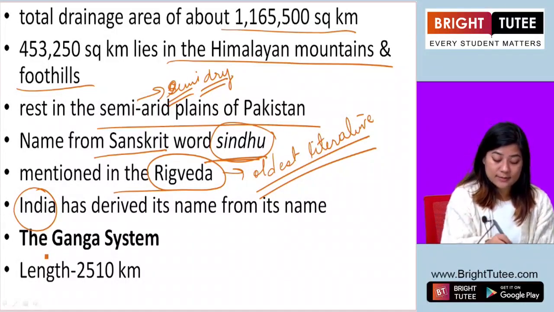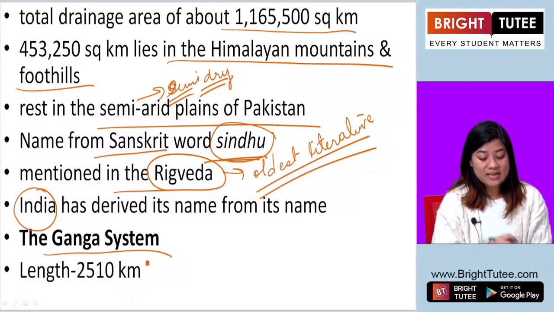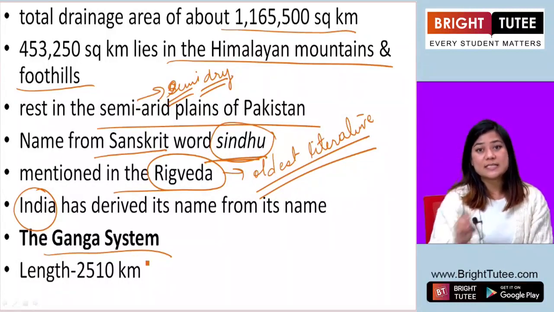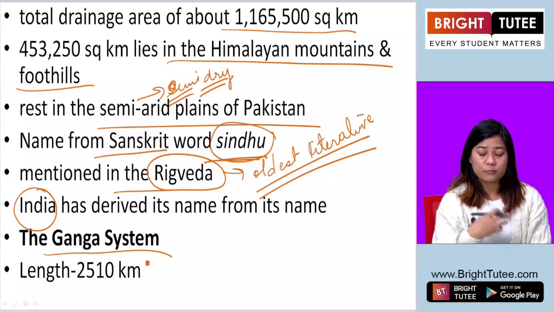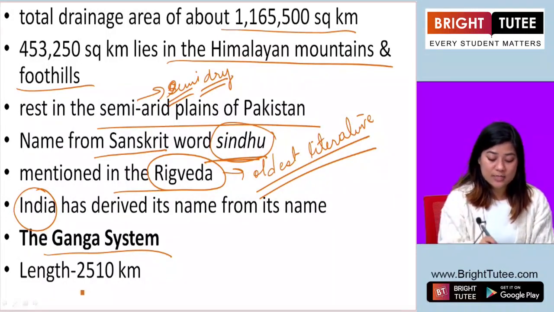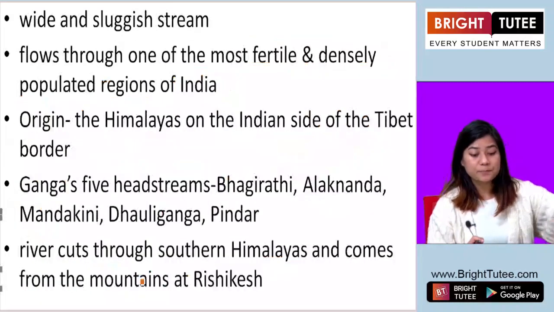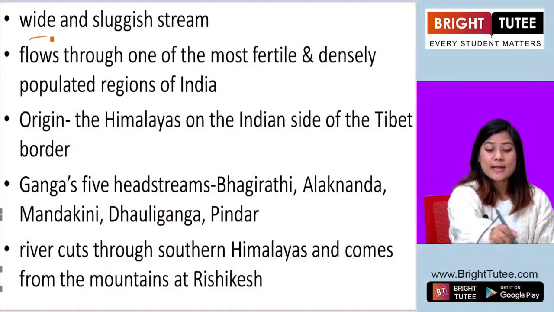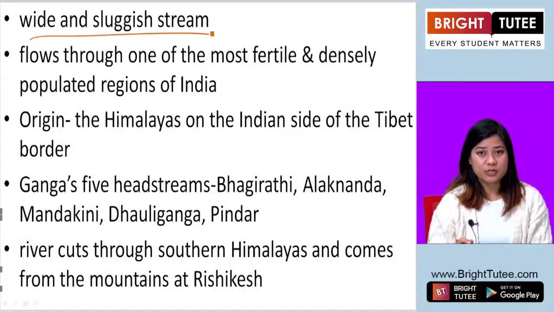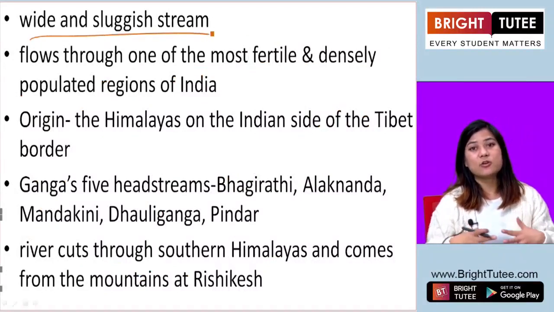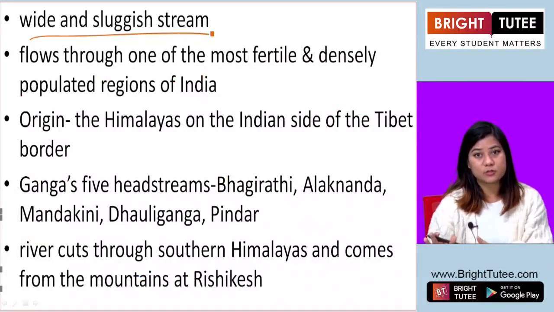Now let us look at the Ganga system. The length of the Ganga system, or the distance that it covers when it flows from the source to the mouth, is 2510 kilometers. It is a wide and sluggish stream, meaning that it does not flow rapidly throughout its course.